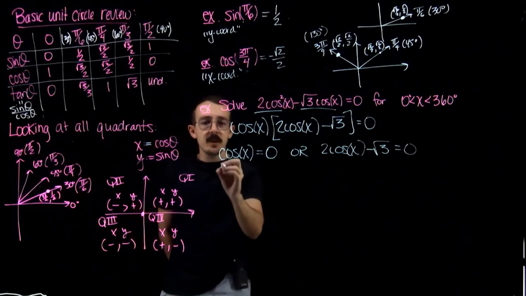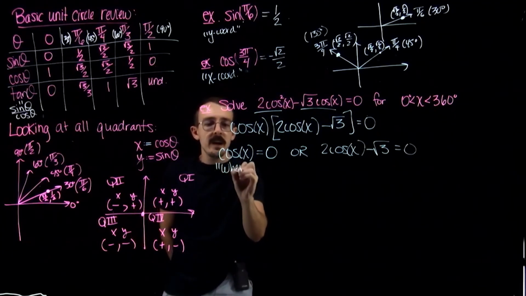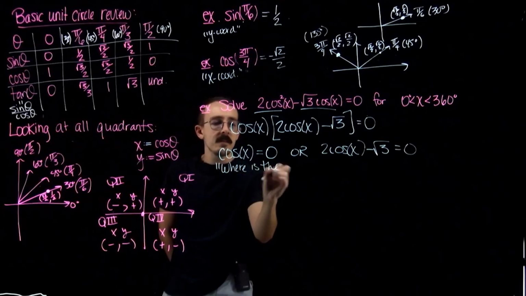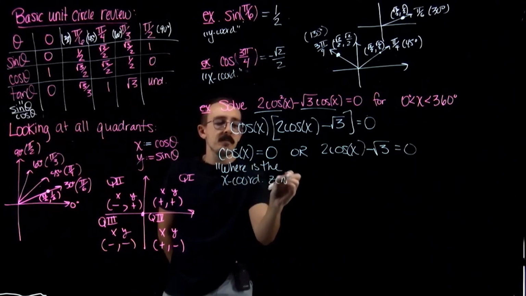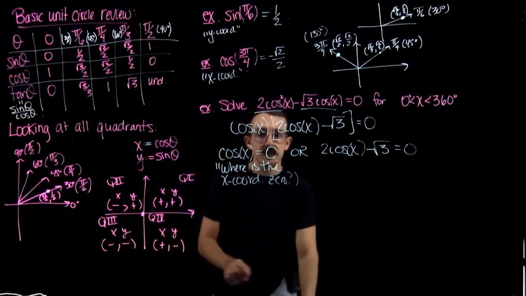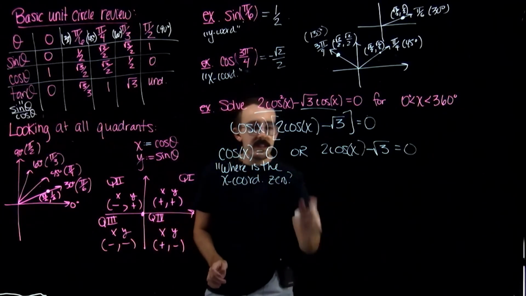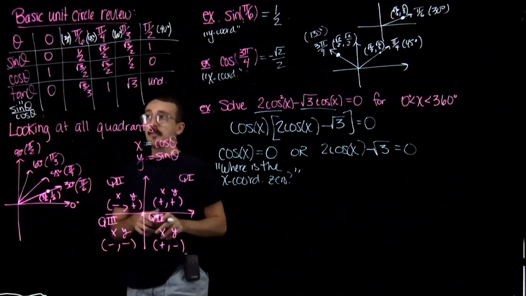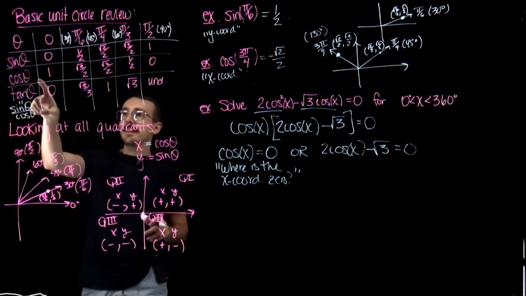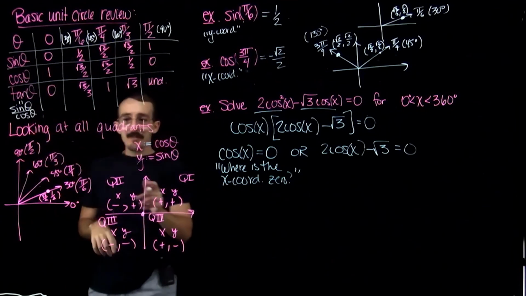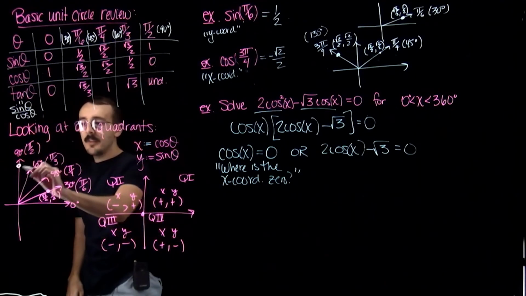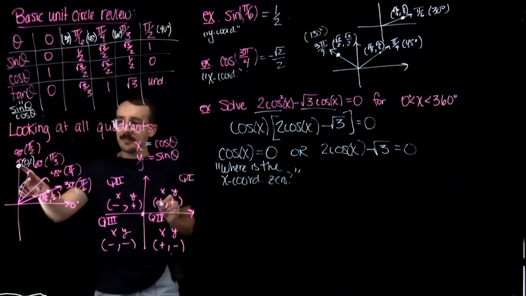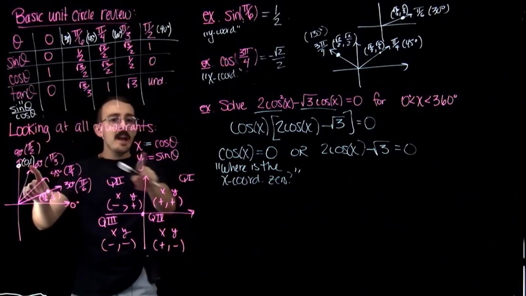Now this is asking the question, where is the x-coordinate 0 on the unit circle? So if we take a look at the unit circle here, or I could look up here, that gives me one of them. If I'm here at 90 degrees, the point is 0, 1.